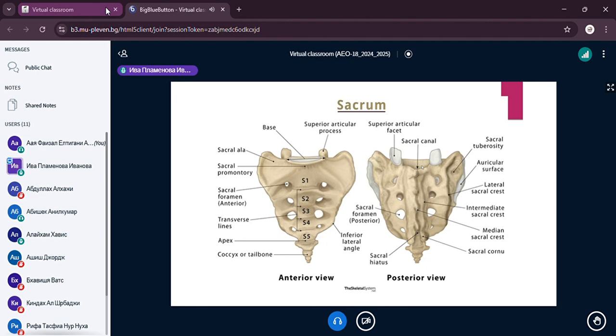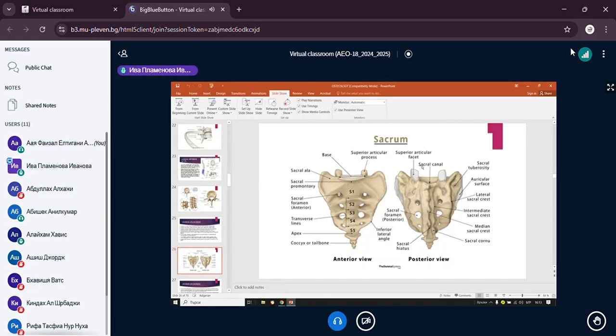Next time we will make a revision. I wrote it in my notebook, but I don't have any textbooks. I will give you the presentation before the colloquium. Next time we will make a revision of these things and continue with the thorax.